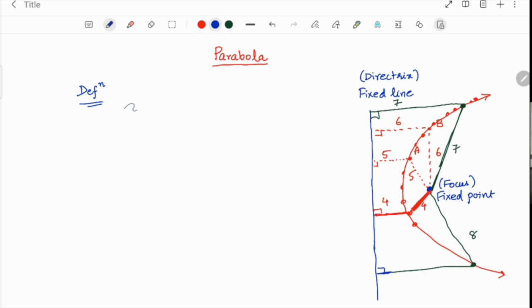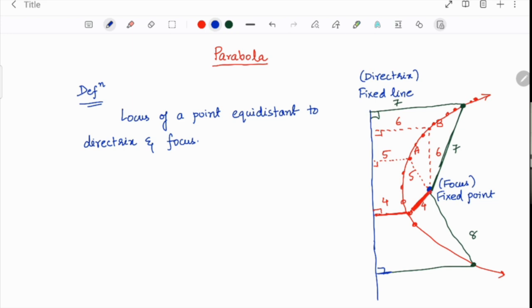So I can define a parabola like this: it is nothing but a locus of a point equidistant to the fixed line, that is the directrix, and the fixed point, that is the focus.